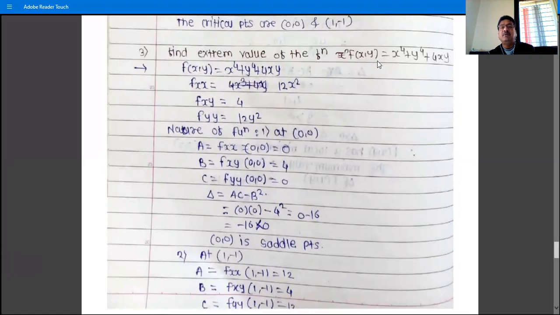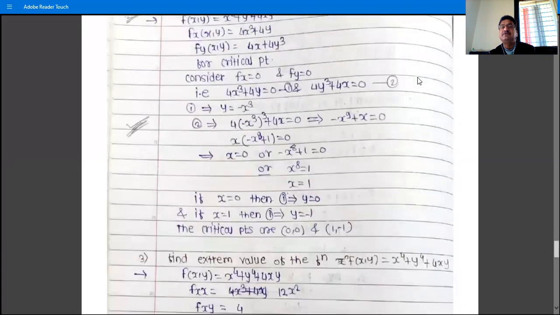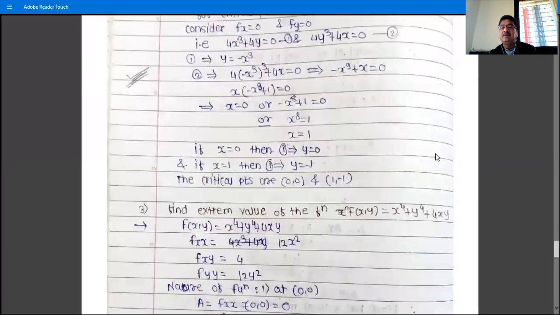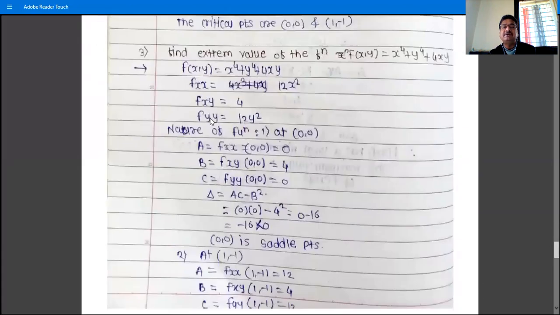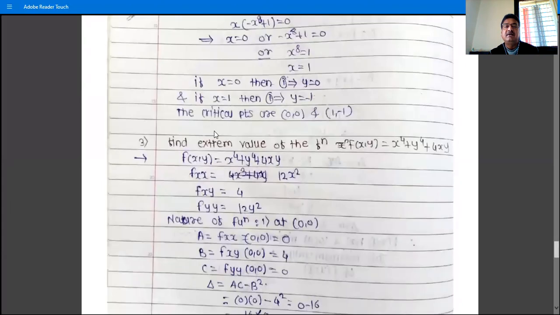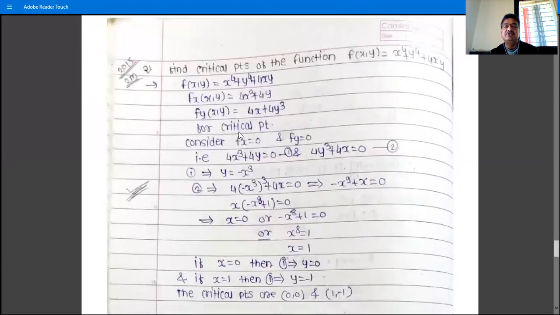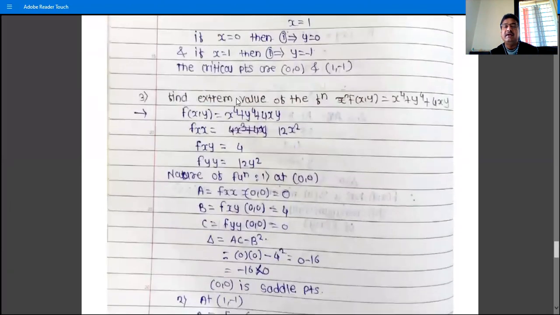Find the extreme value of the function f(x, y) is equal to x raised to 4 plus y raised to 4 plus 4xy, the same problem. Okay, so first find first order partial derivatives, then second order partial derivatives, and then consider the equations fx is equal to 0 and fy is equal to 0 for critical points. Find the critical points. Already half of the problem is answered as above.